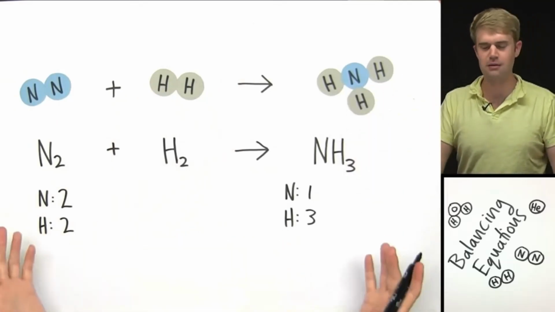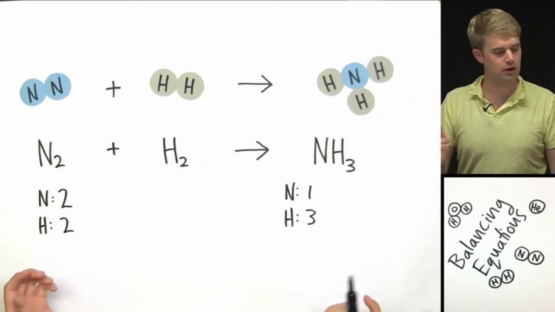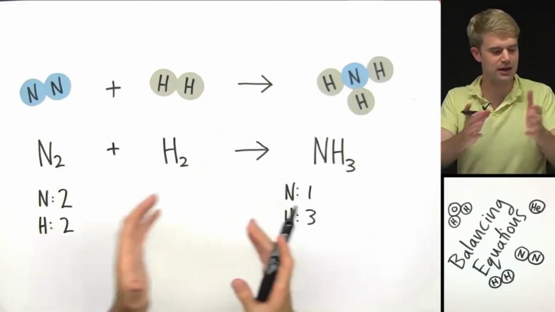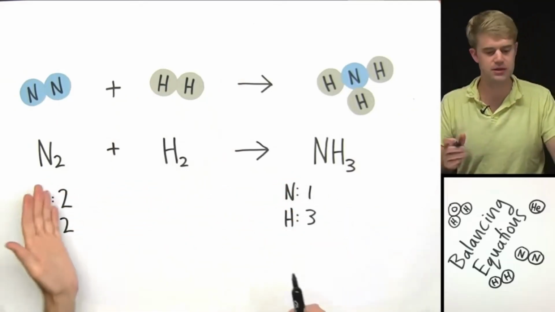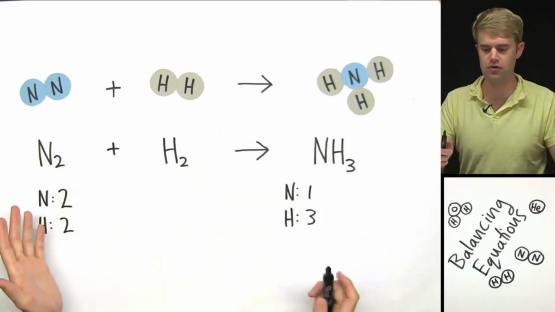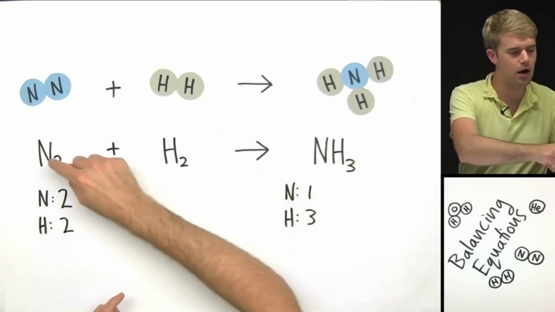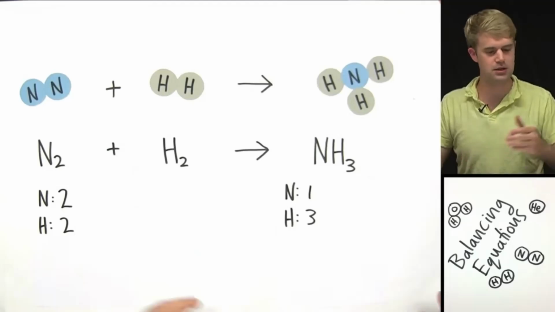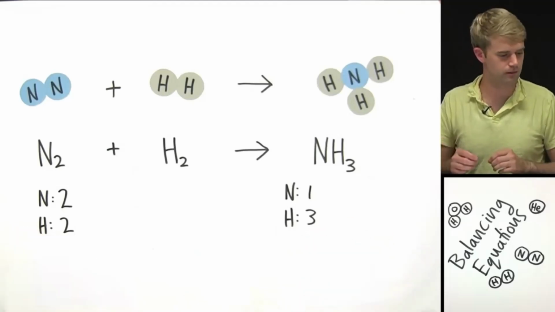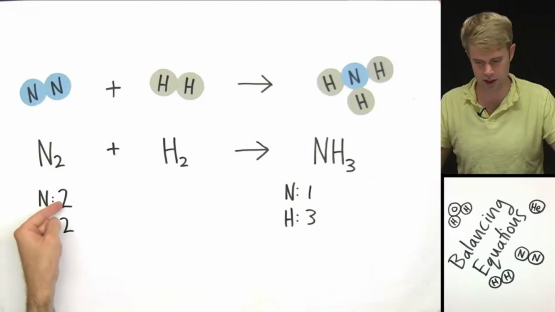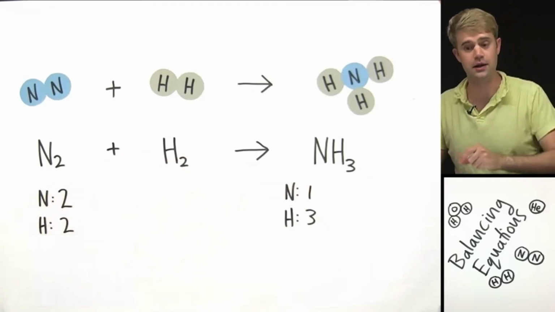So to start balancing this, you want to look at where you have an imbalance of atoms, where you don't have the same number of atoms, and you want to think about what you could multiply one of these compounds by. Okay, so let's look at nitrogen right here. We have 2 nitrogens here, we only have 1 here.